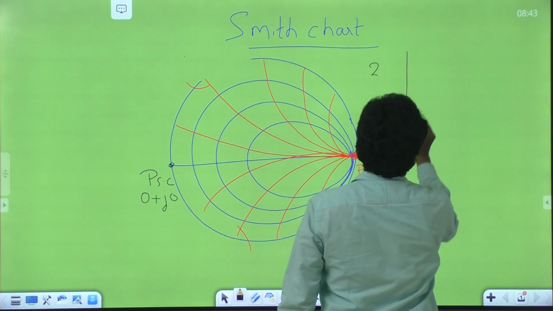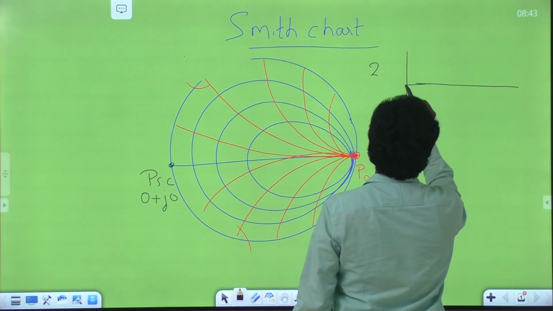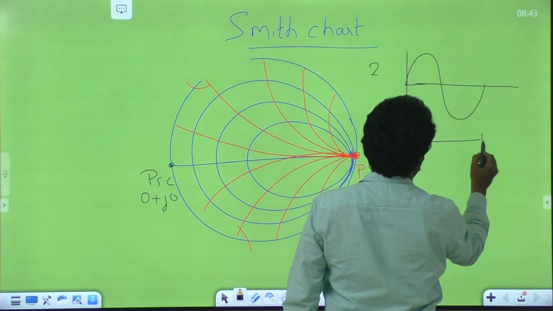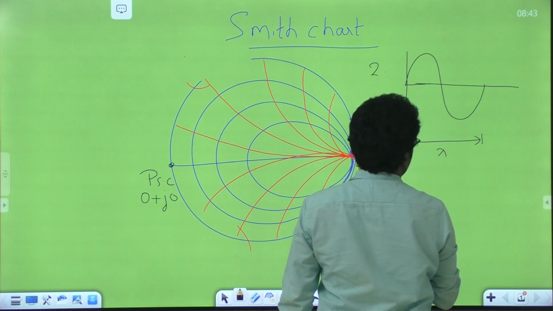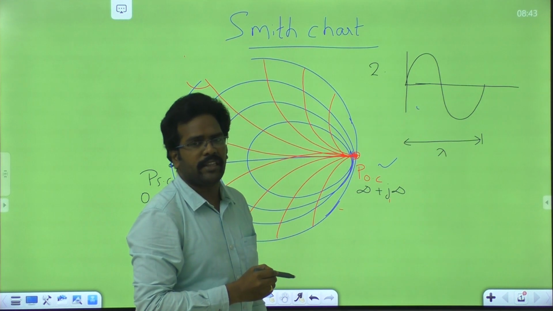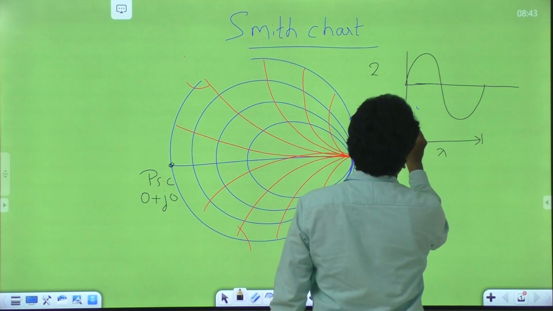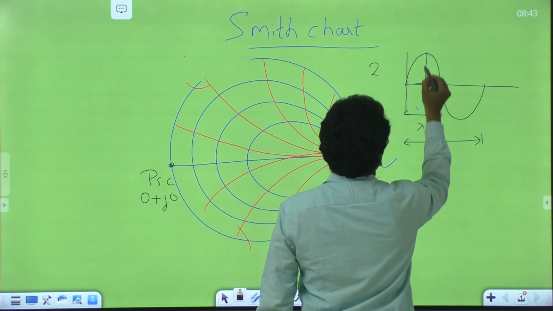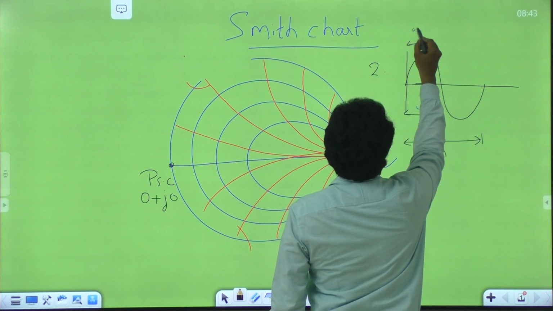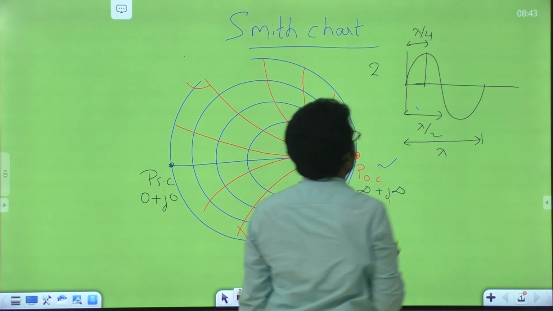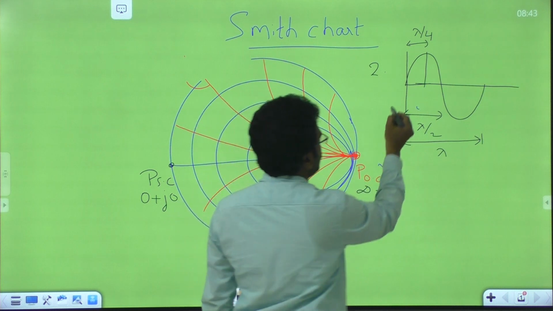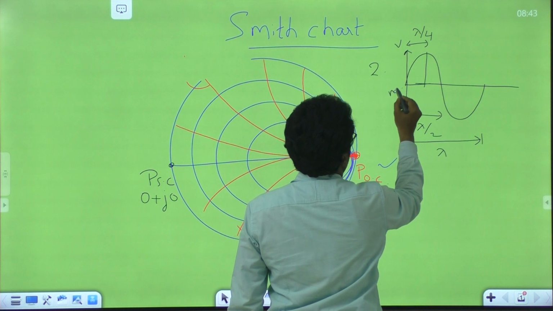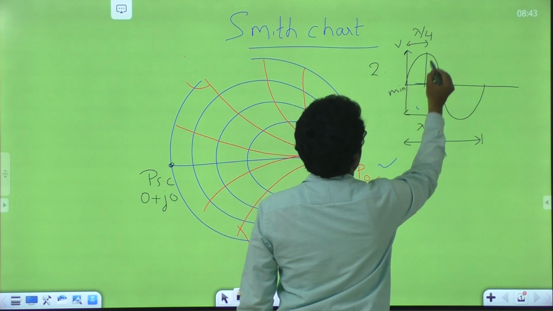To identify that, take some waveform here. I am taking one sinusoidal waveform. This is of length how much? This is the wavelength lambda. This gives half of the wavelength, lambda by 2, and this is going to give the quarter wavelength, lambda by 4. In this waveform, if you take it as a voltage waveform, here the voltage is minimum and this is maximum.